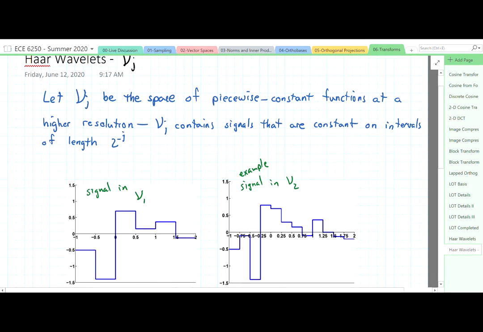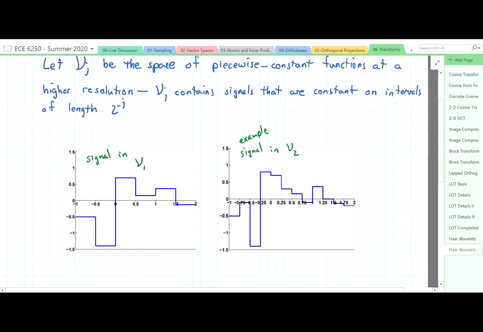So this is what that would look like. If I had a signal in V1, you can see it now changes at every interval of 1/2. And in V2, we're looking at transitions at multiples of 2 to the negative 2, or rather 1/4.